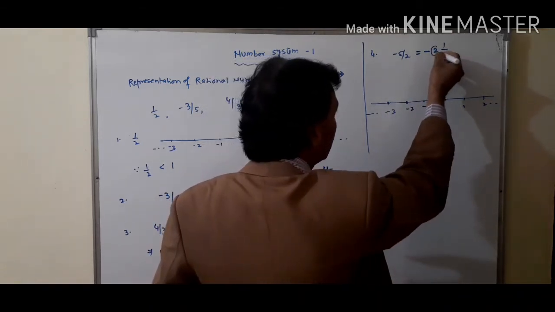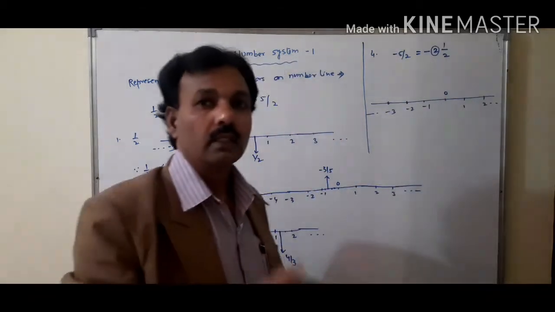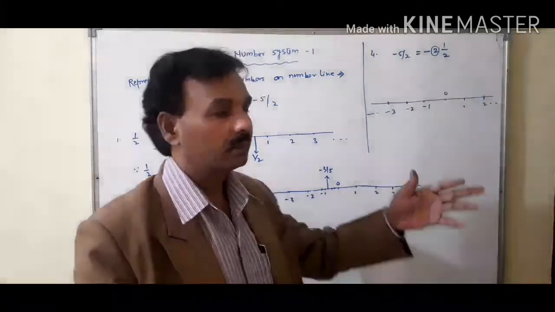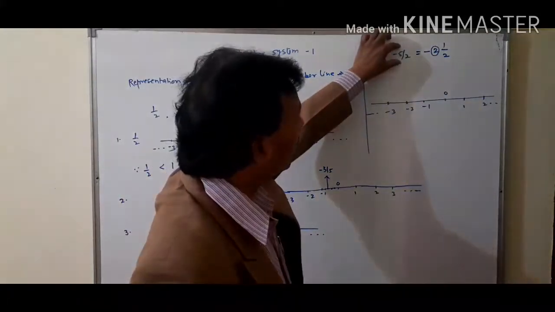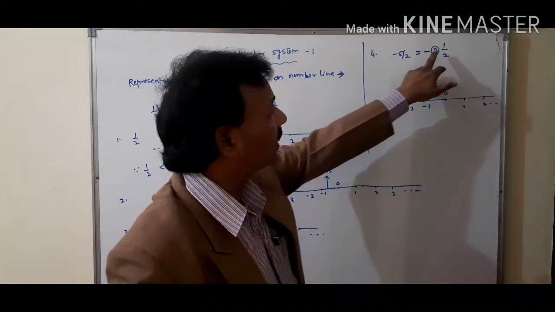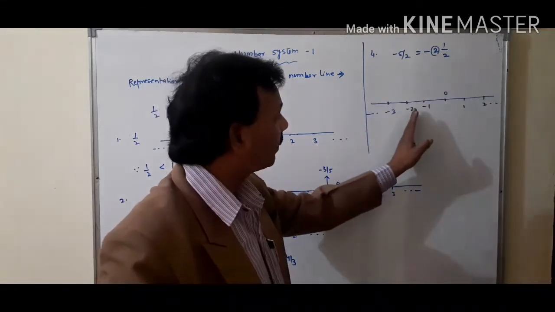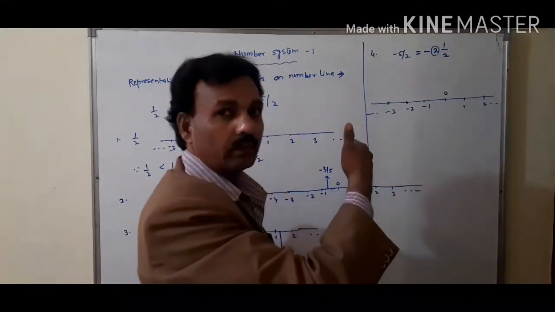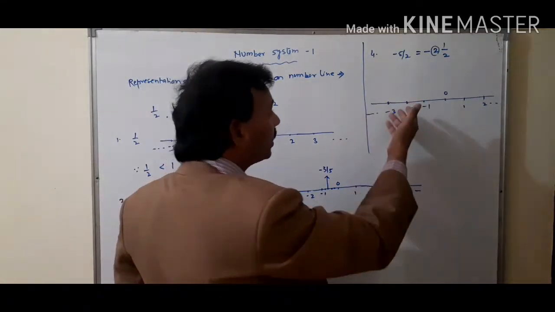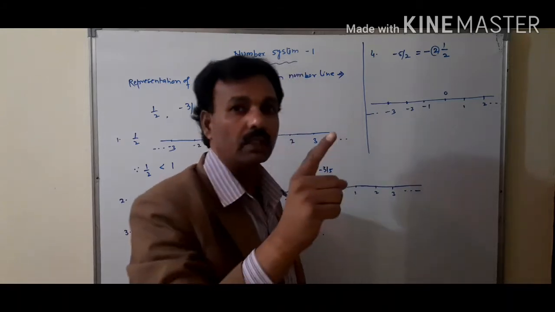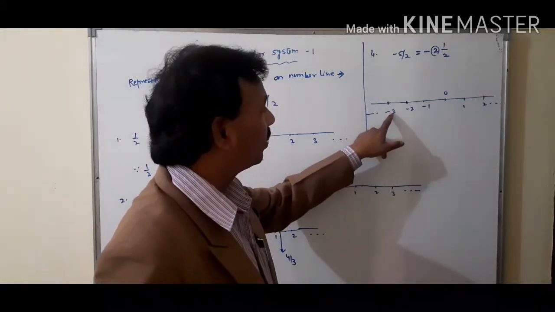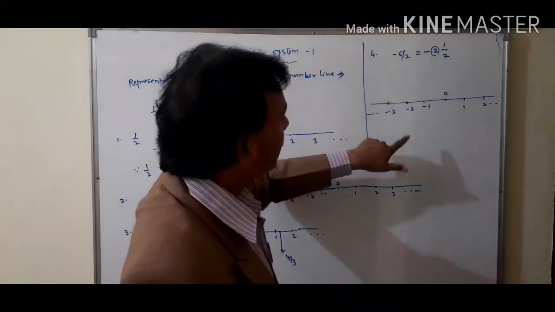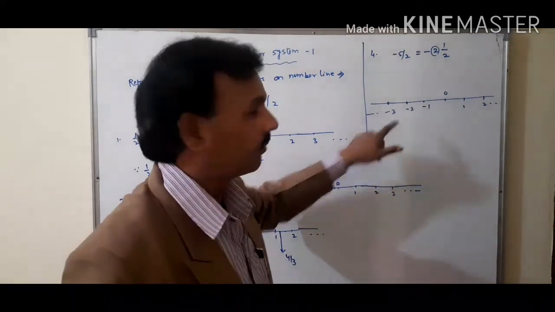This number tells us after which number these numbers lie: after minus 2, that means to the left side of minus 2, and before the next number, minus 3. That means the position of minus 5 by 2 lies between minus 2 and minus 3.